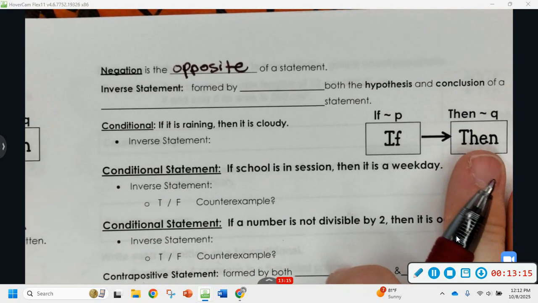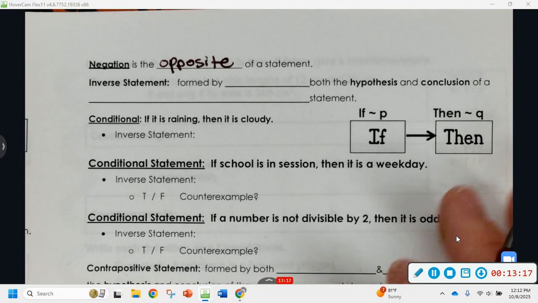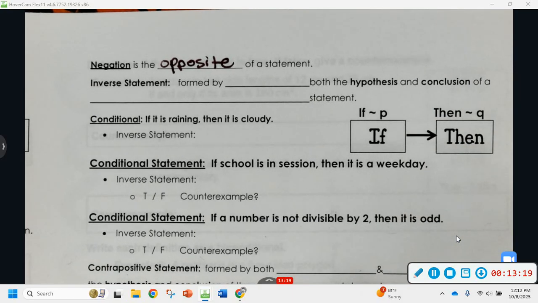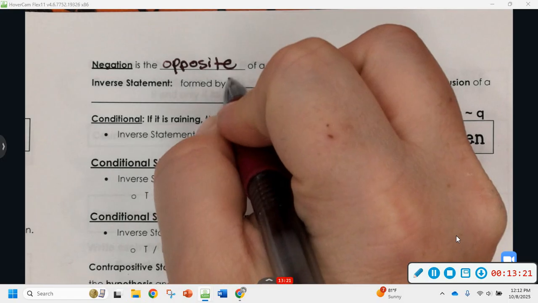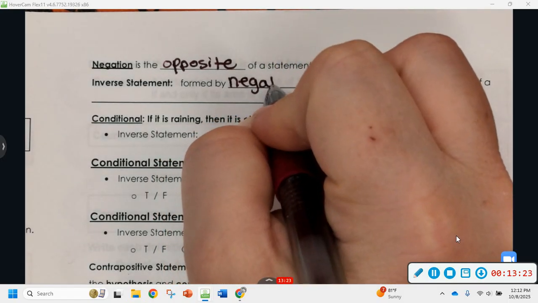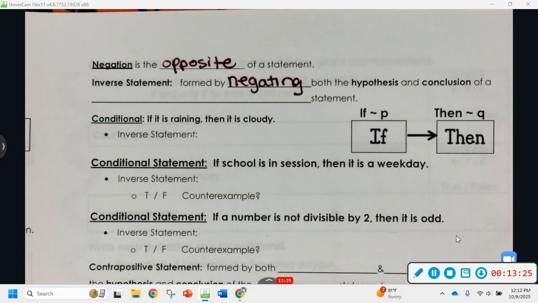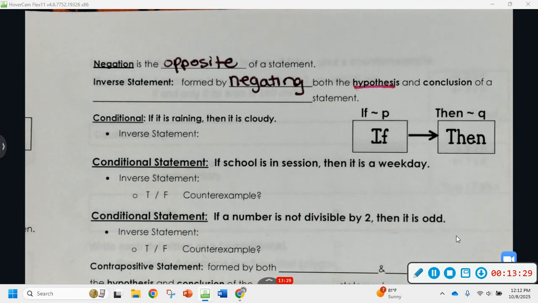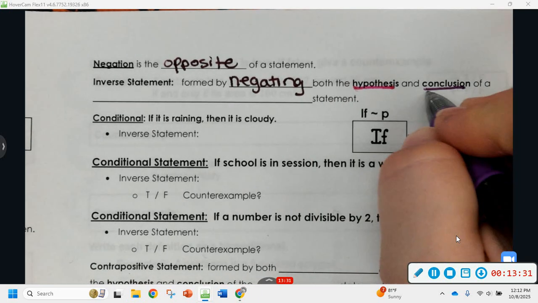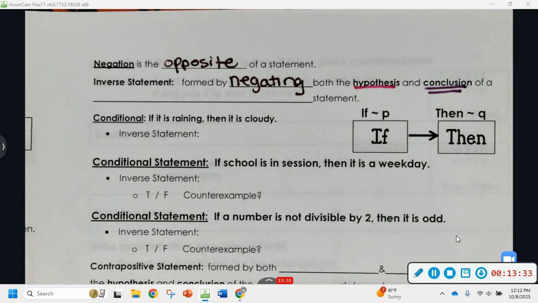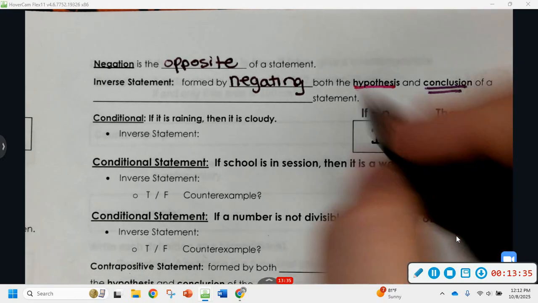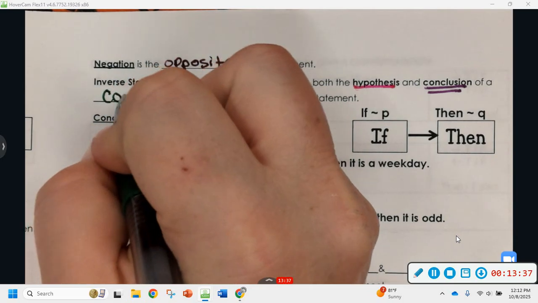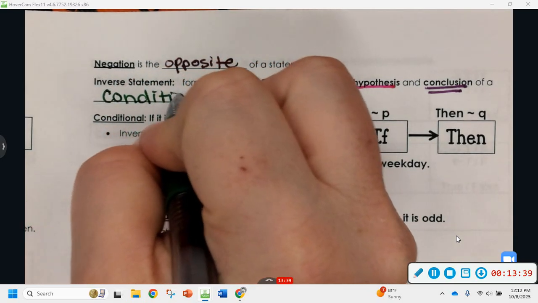So we have what's called the inverse, and the inverse is formed by negating both your hypothesis and your conclusion of your original statement. Remember, the original statement is your conditional statement.